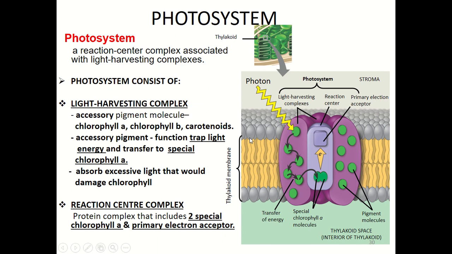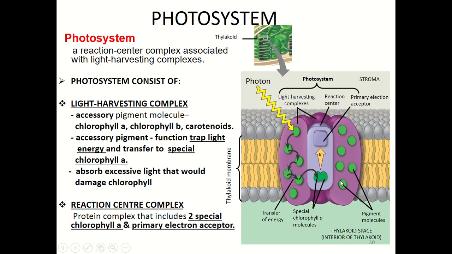It has two parts. First, the one that looks like a sausage over here is known as the light harvesting complex. Meanwhile, the one in the middle that looks like the filling in the sausage is known as the reaction center.